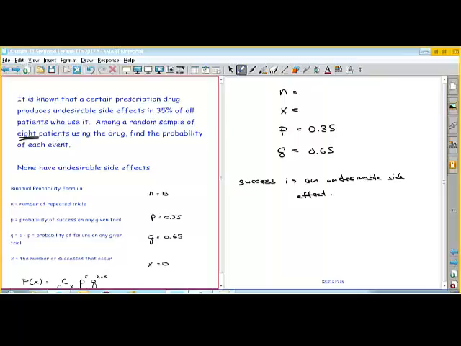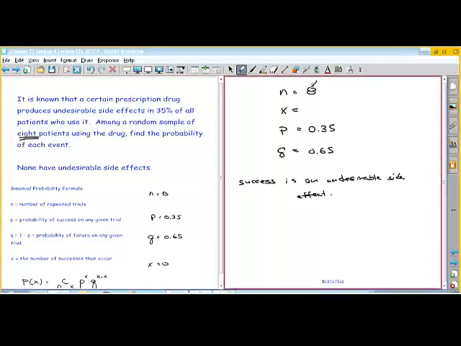8 patients. So what would the 8 correspond to? Yep. And if none have undesirable side effects, that's 0 successes, right? So that's 0. So now that we've figured those things out, the rest should be a piece of cake. So 0 out of 8.